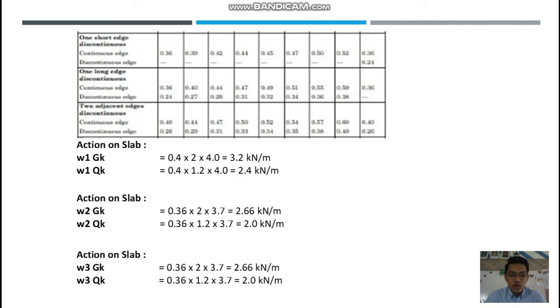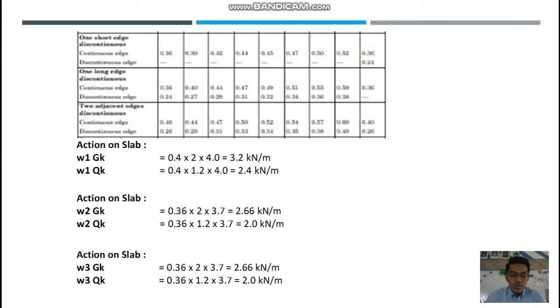For FS7, which is W2 Gk, it is one long edge discontinuous, and from the table we can use the value for beta Vy, which is 0.36.